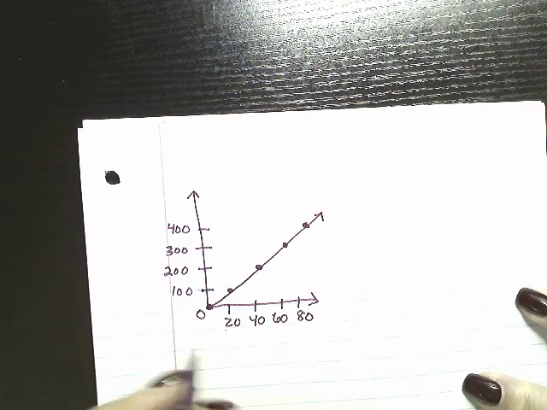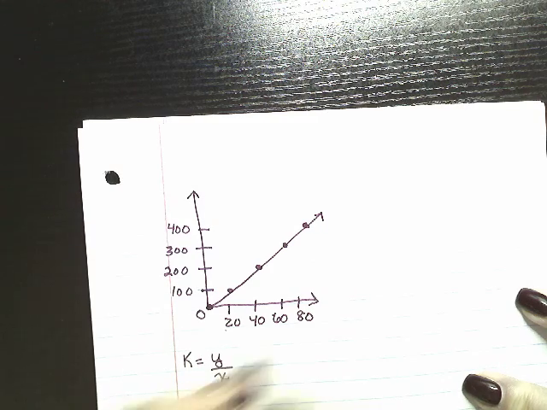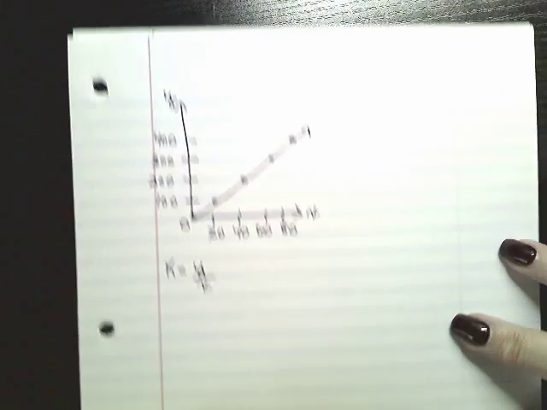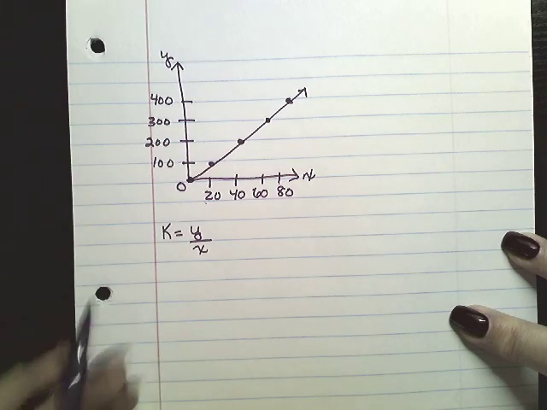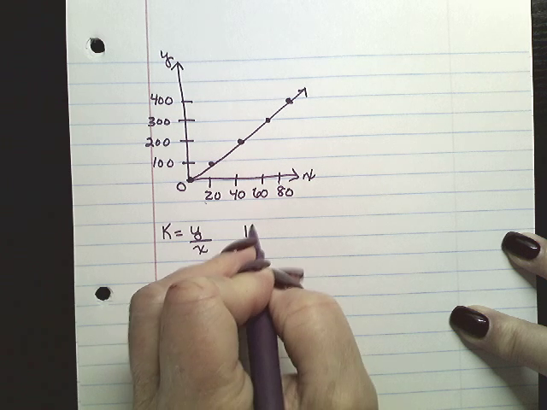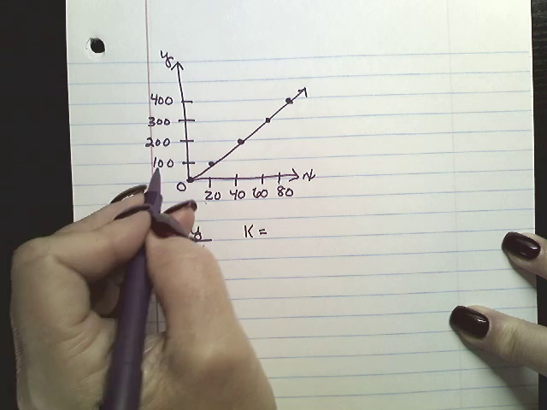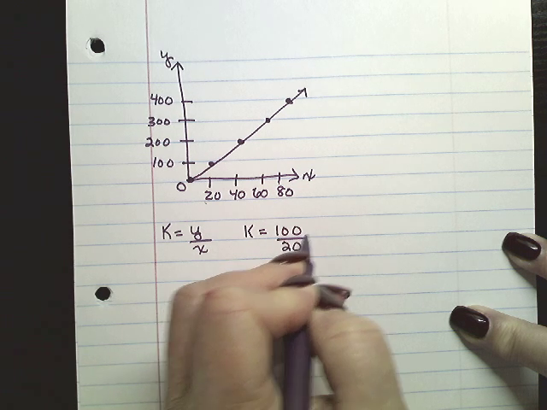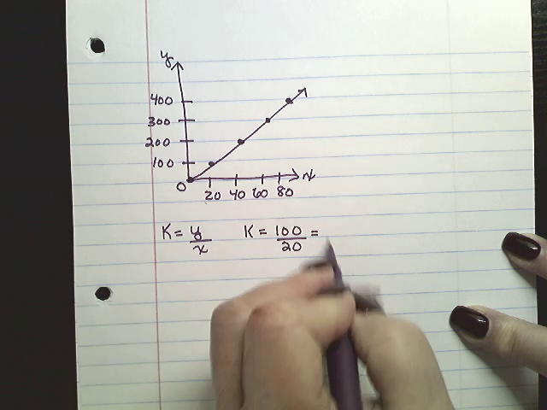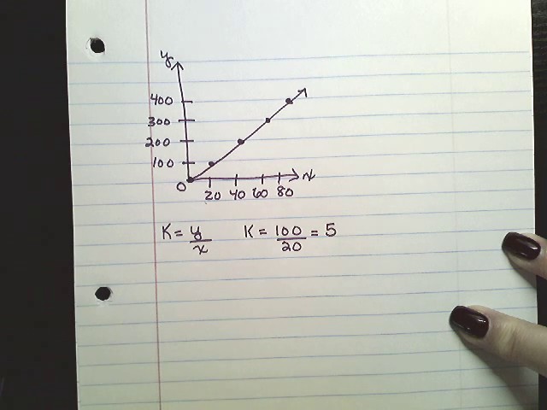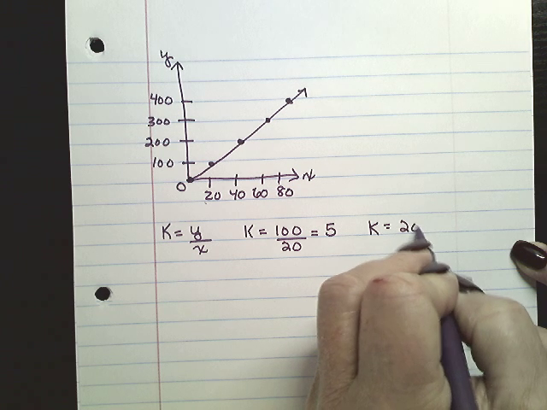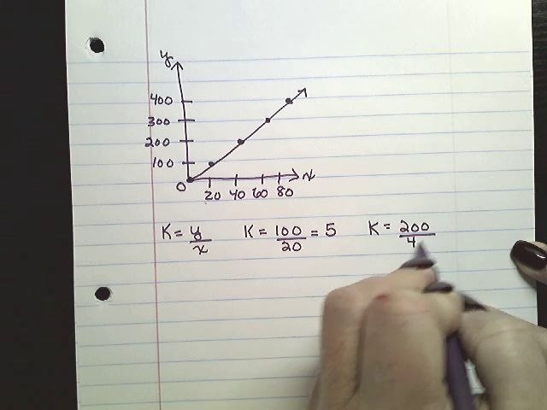All right, so we need to do k equals y over x. Remember, x is always your horizontal line, y is always your vertical line. Okay, so if I took my first one, k is equal to 100 over 20. I know if I divide those two, I'm going to get 5. k is equal to 200 over 40.